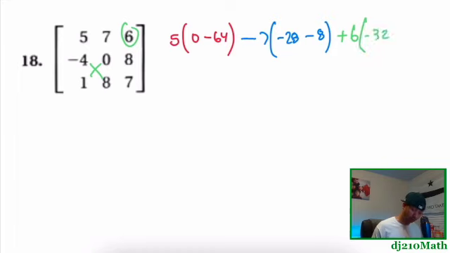Negative 4 times 8 minus 0. Okay. 5 times negative 64. Right, because 0 minus 64, negative 64 times 5. So negative 64 times 5 is 20. Carry the 2, 32. Negative 32.